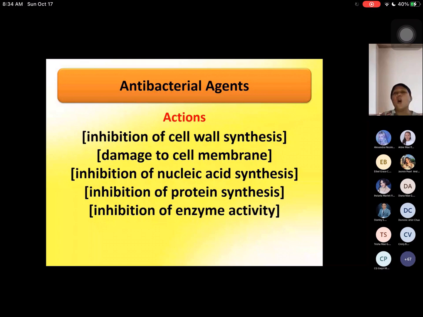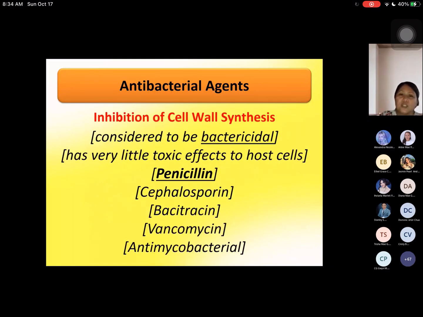So when you say inhibition of cell wall synthesis, they are considered bactericidal. They need to kill or destroy all bacteria and have very little toxic effect on host cells.